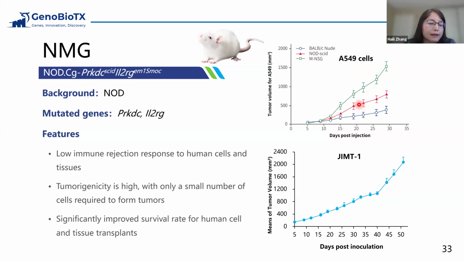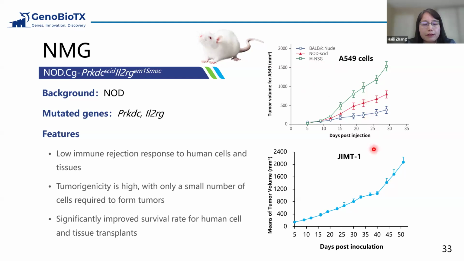The results indicated that tumor growth in NMG mice is significantly faster than in both the wild type and the NOD-SCID mice. And this MNSG is also another name for NMG mice. So it's the same mice, different names.